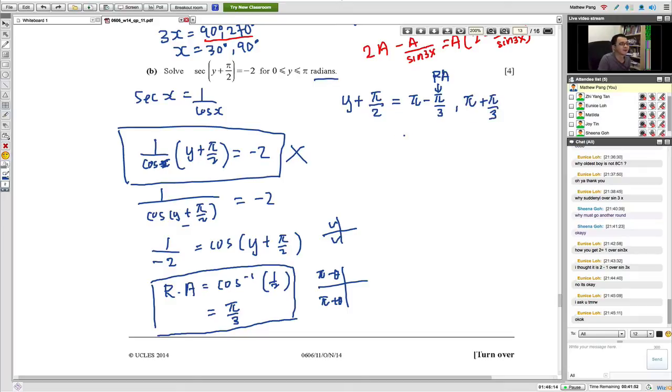So this one is 2 pi over 3, and this one is 4 pi over 3. This is y plus pi over 2, so later I will minus pi over 2. So 2 pi over 3, I will minus pi over 2, and same thing with 4 pi over 3, I will minus pi over 2. Then I can get my y easily.